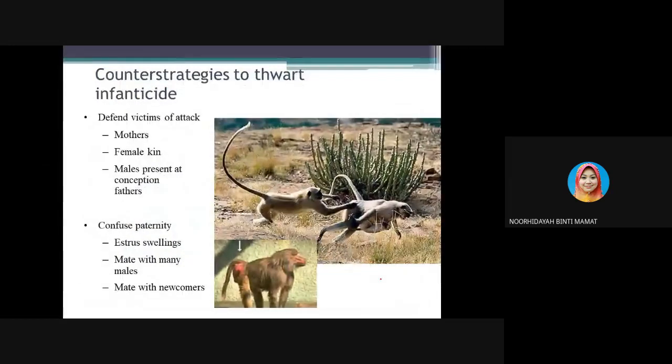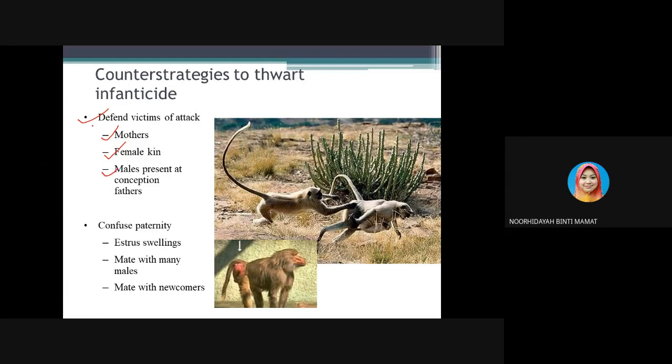So these are the counter strategies toward infanticide. The first strategy is to defend the victims of attack. The defense is done by the mothers, by female kin, or by the males present, such as the conception fathers.